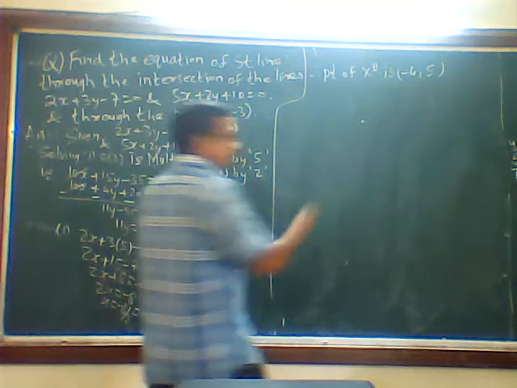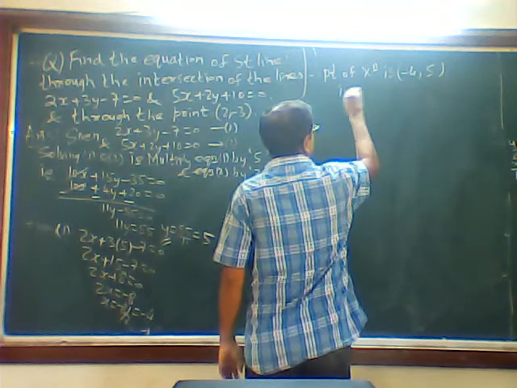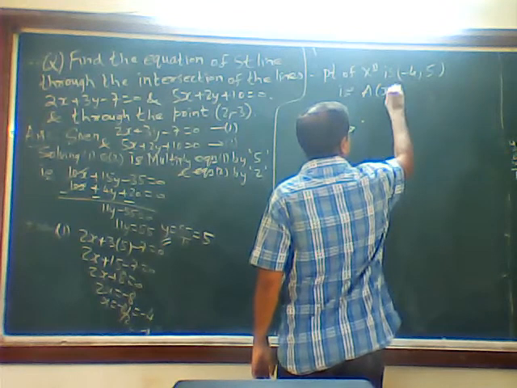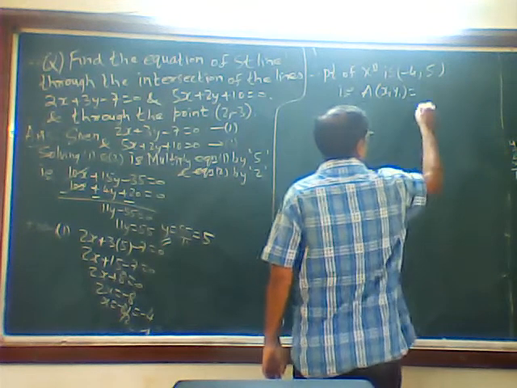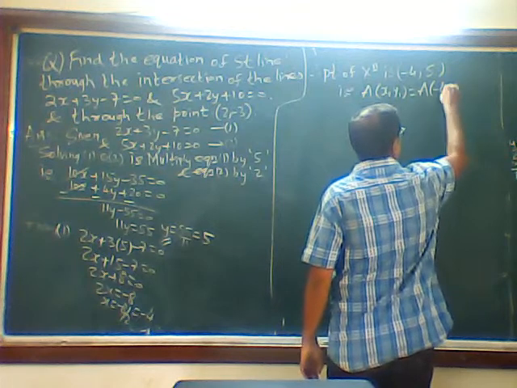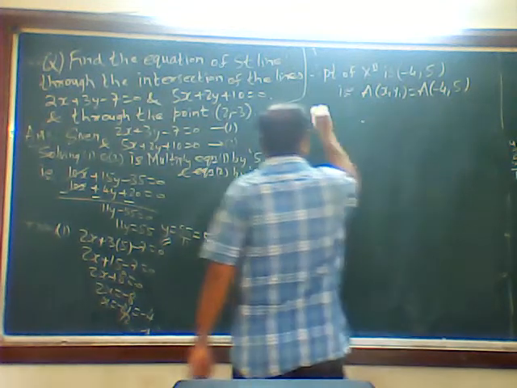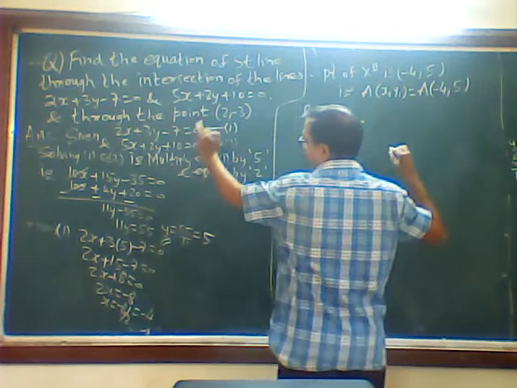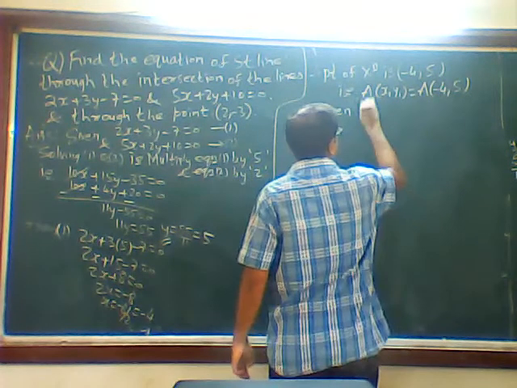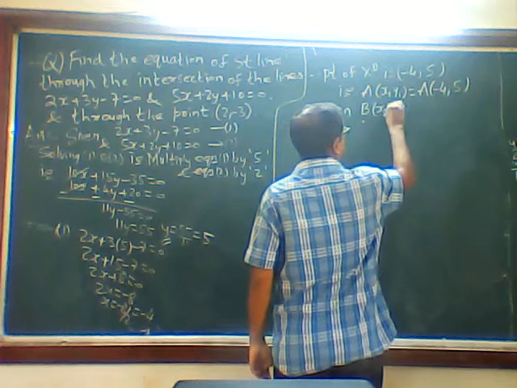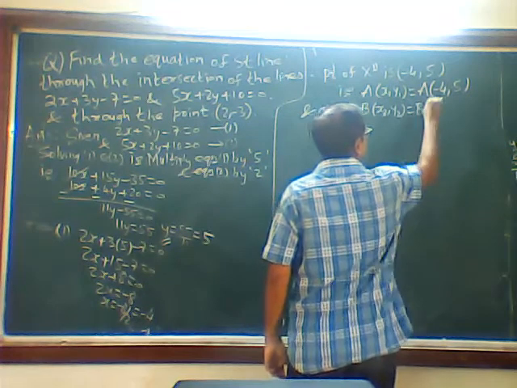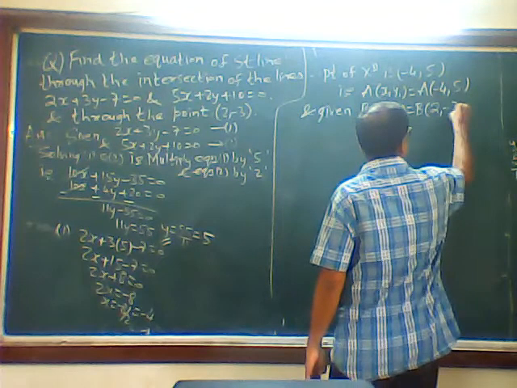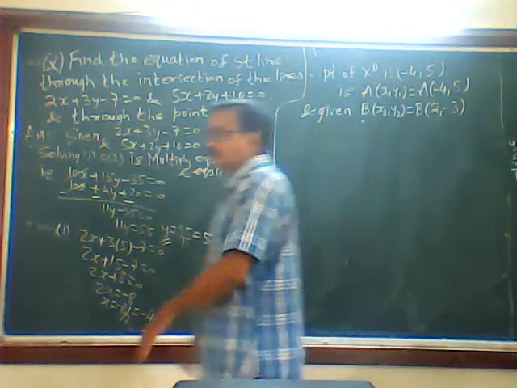And this point I'll name as B of x2 comma y2, equal to B of 2 comma minus 3. Okay, so I got two sets of points.